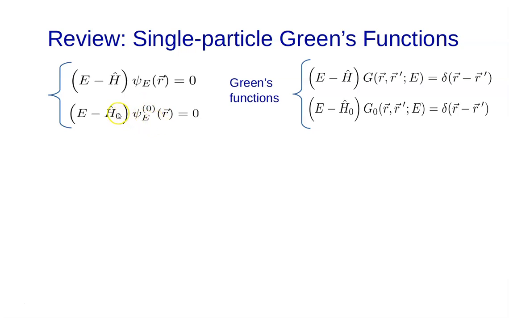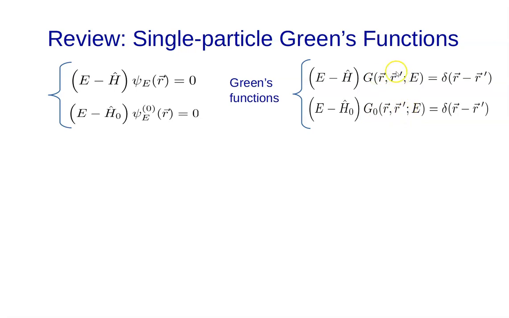So from this operator, we can define the single particle Green's function, which is a solution of applying this operator to this function and obtaining the delta function r minus r prime. Same thing for the free Hamiltonian. You get something that in principle you can calculate, which we're calling G naught, the non-interacting Green's function.